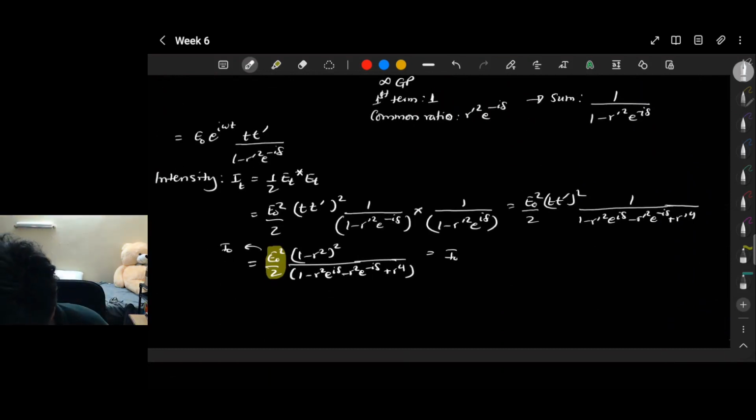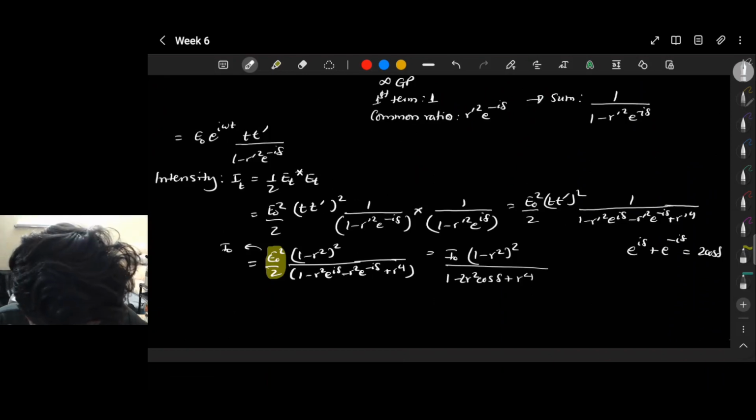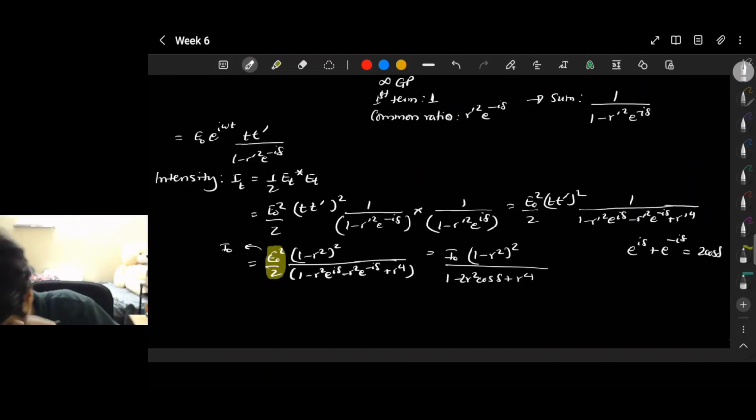So this is I naught, and then we can use that e to the power i delta plus e to the power minus i delta is 2 cos delta. This is minus 2 r squared cos delta plus r to the power 4. So this is my transmitted intensity.